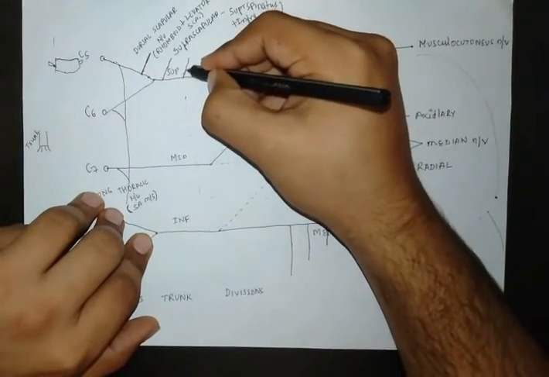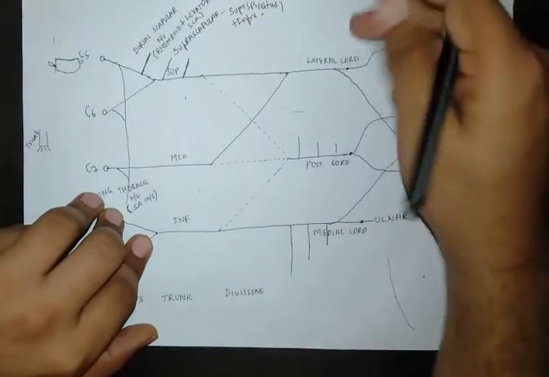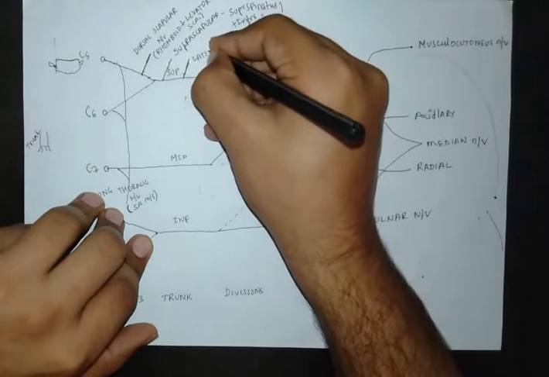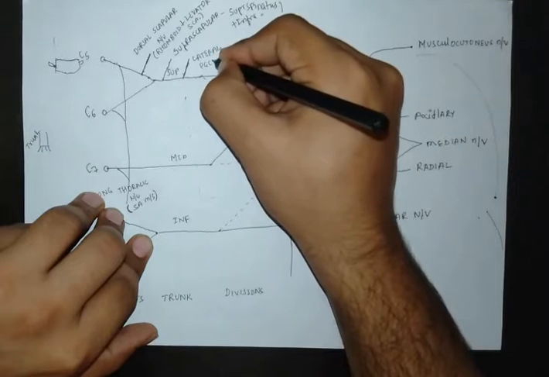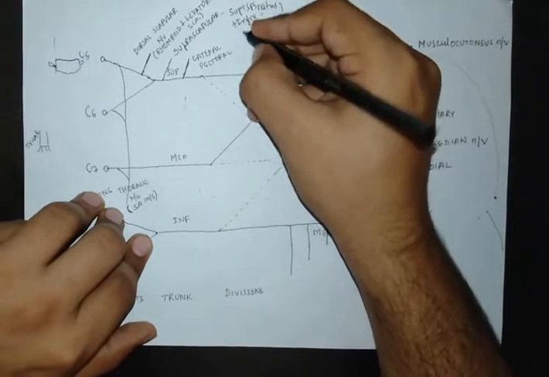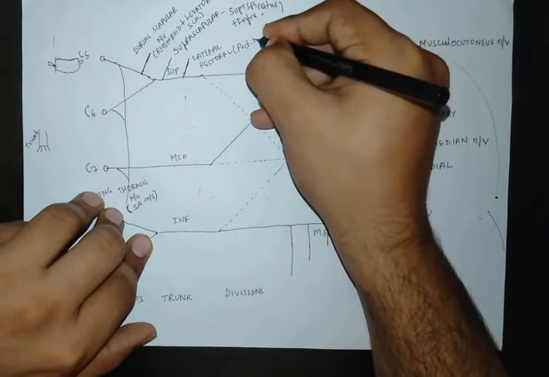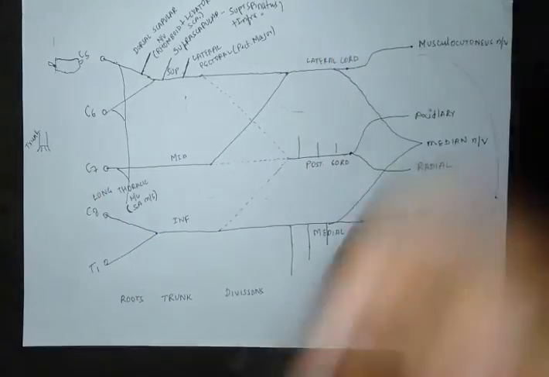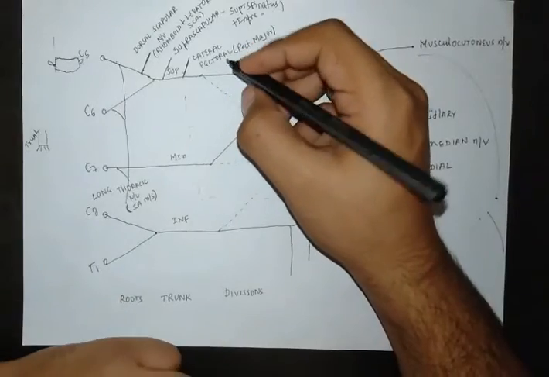Now, since we are going down below, and it is the lateral side, it gives a lateral pectoral nerve. Lateral pectoral supplies the pect major muscle, pectoralis major. So the three nerves from here are done.